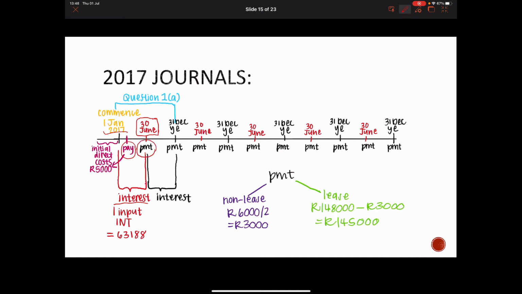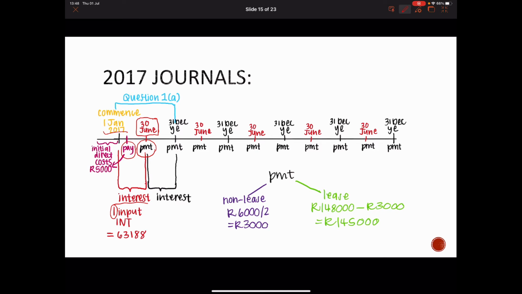The interest is calculated as follows. You take your calculator on which you calculated your lease liability. You then enter 1 input interest, because the 1 represents your first period of your lease, which is 1 January 2017 to 30 June, because you used the P/YR of 2.